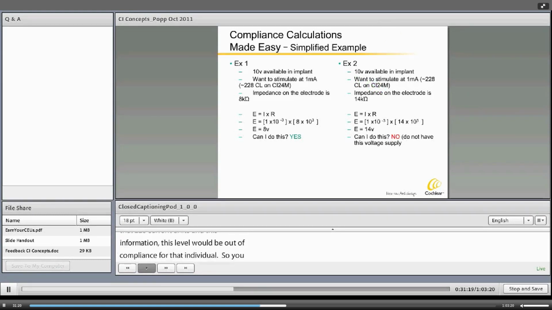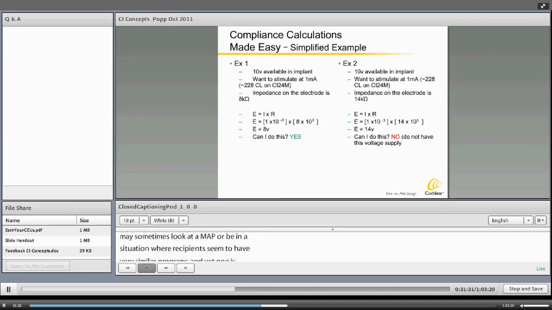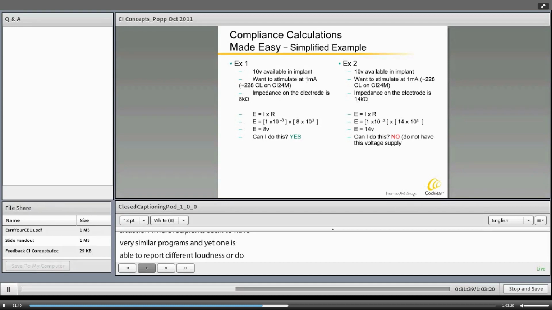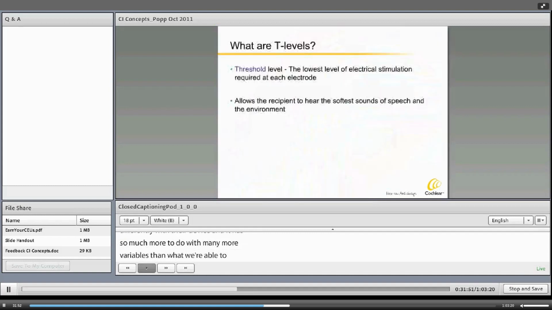This level would be out of compliance for that individual. So you may sometimes look at a map or be in a situation where recipients seem to have very similar programs, and yet one is able to report different loudness or do differently with their device, and it has so much more to do with many more variables than what we're able to sometimes see on that piece of paper.